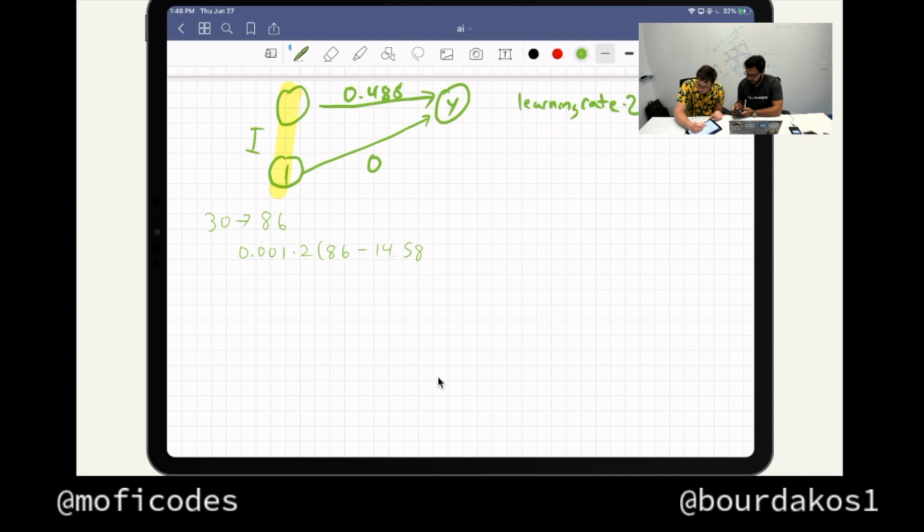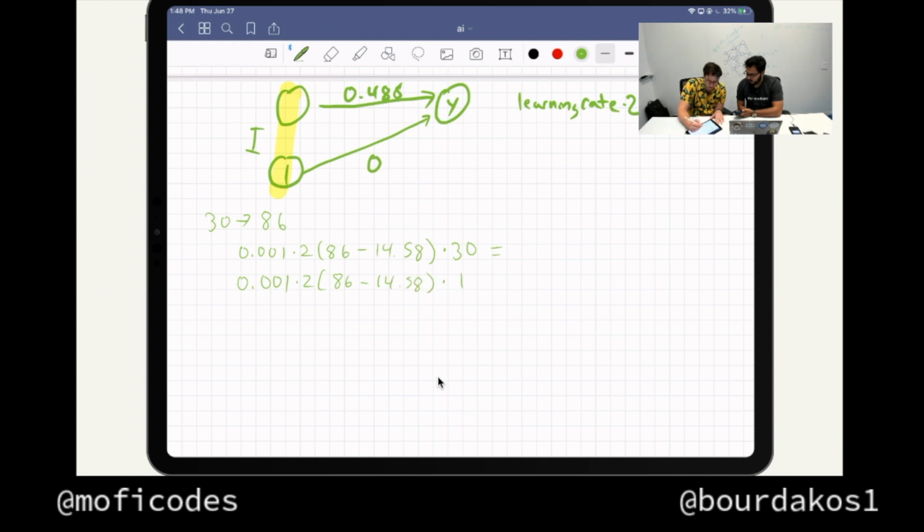14.58. And then we're going to multiply that by our input, which is 30 for this weight. You don't have to calculate that yet. It'll be easier in a second. And then we have to calculate the same thing for our bias weight. So we have 0.001 times 2 times 86 minus 14.58, because our output is still the same.